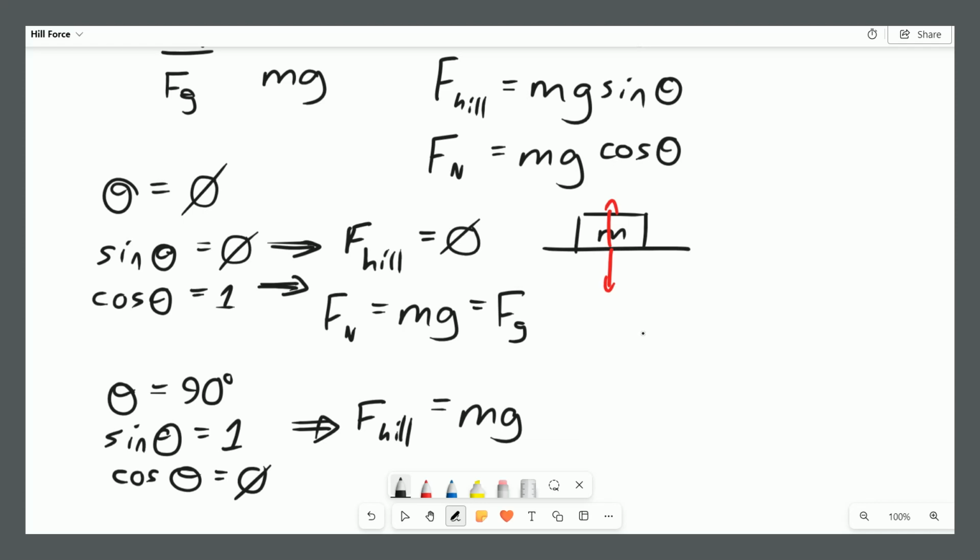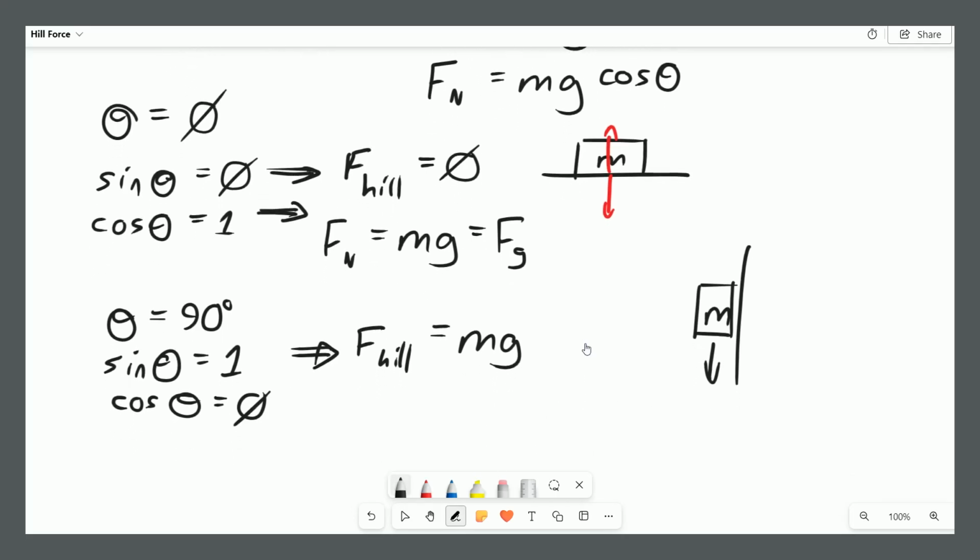Now, think about that. If your angle of inclination is 90 degrees, there's your slope and there's your mass. Your mass isn't sitting on the slope. It's just going to fall. The force with which your mass is going to move down along your slope is just the force of gravity, because the slope isn't underneath your mass at all.